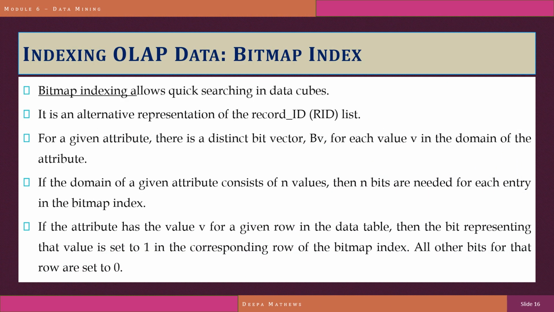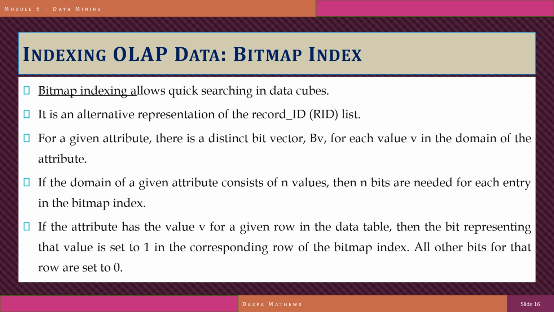Now let's look into bitmap indexing. This bitmap indexing allows quick searching in the data cubes. It is an alternative representation of the record ID list, RID list. For a given attribute, there is a distinct bit vector Bv for each value v in the domain of the attribute. Vector means a one-dimensional array.